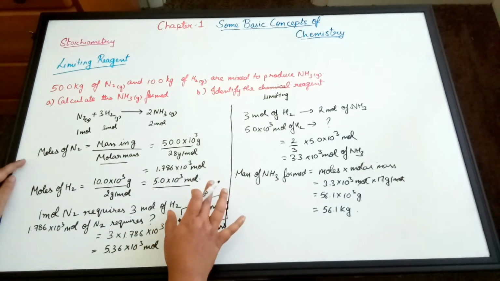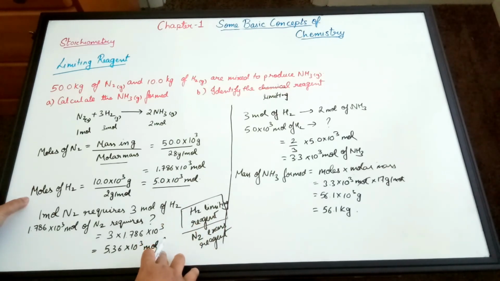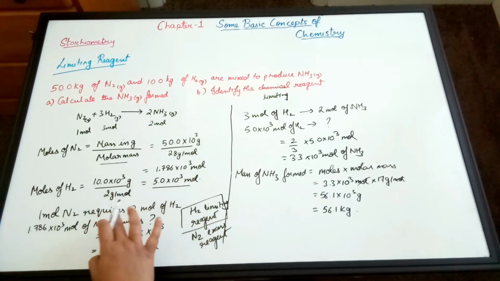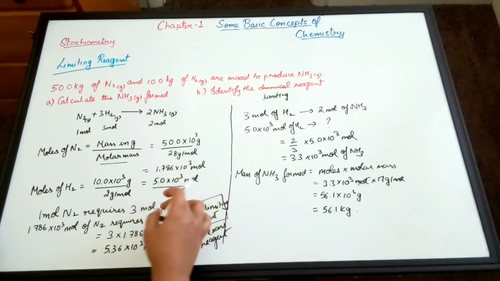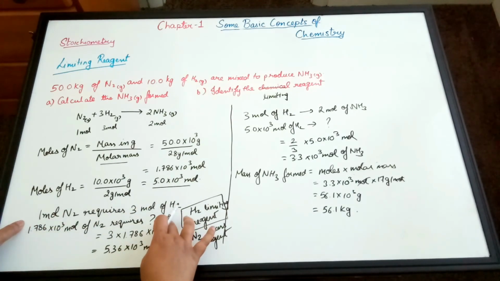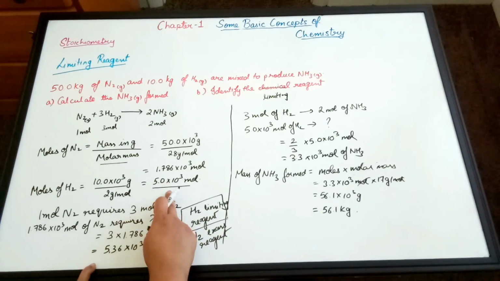That was done by first calculating the number of moles of nitrogen and the number of moles of hydrogen, based on the formula mass in grams divided by the molar mass, and that gave us these two values. Then we said 1 mole of nitrogen requires 3 moles of hydrogen, so 1.786 into 10 to the power 3 moles of nitrogen will require 5.36 into 10 to the power 3 moles, which is more than what is present, which makes hydrogen the limiting reagent.